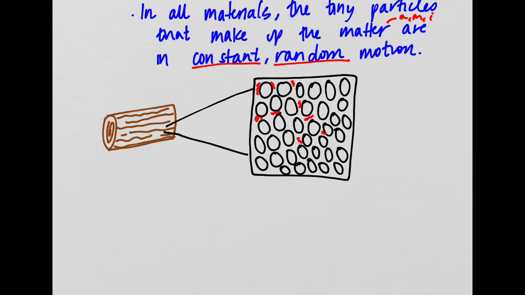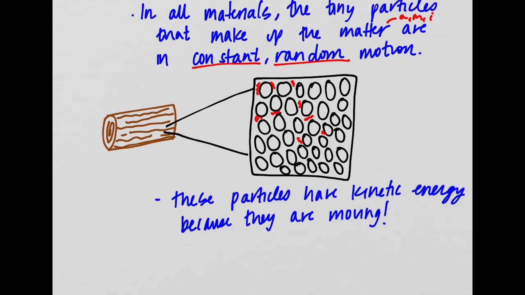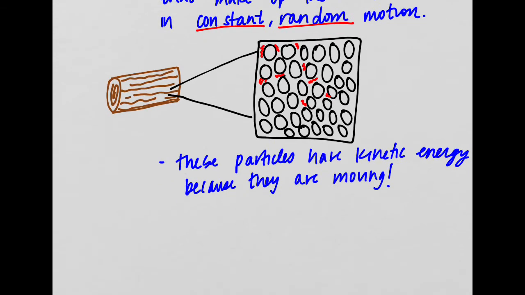So if something is moving, what does that mean about its energy? It means that they have kinetic energy. These particles have kinetic energy because they are moving. When the particles have higher speeds, let's say we're looking at some water.